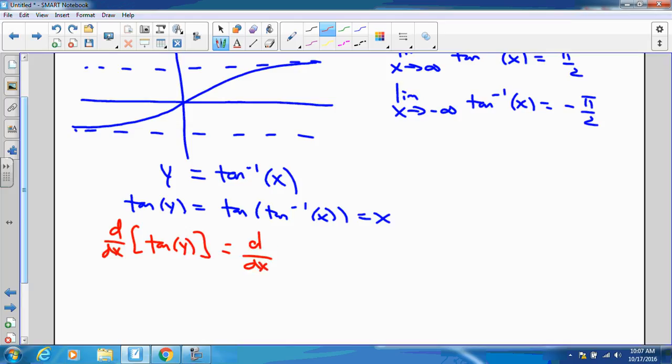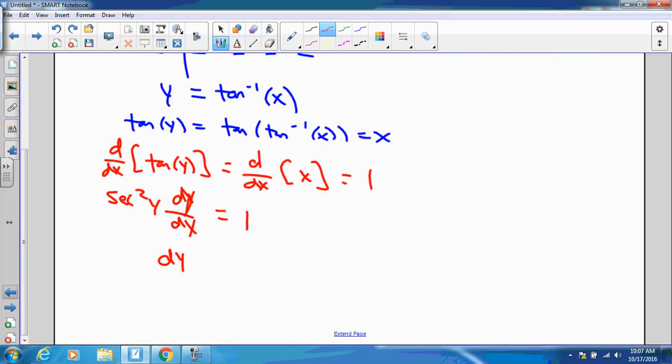Yeah, you got it. So we have secant squared y dy dx. And therefore, dy dx is equal to 1 over secant squared y.